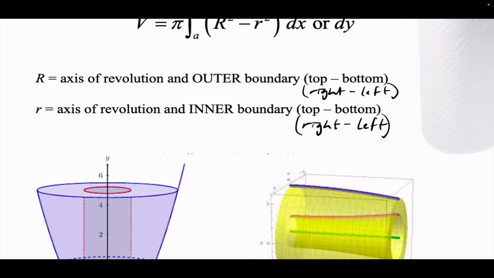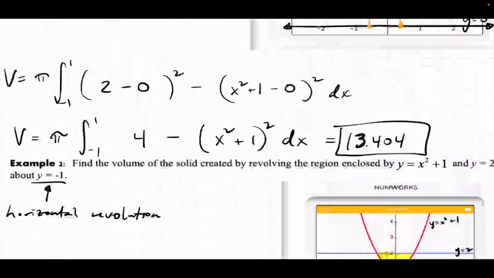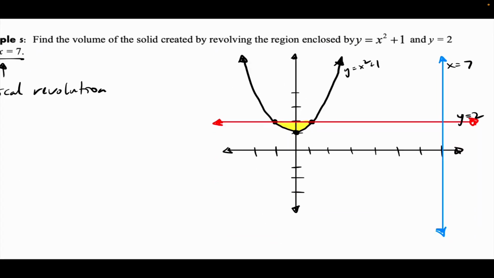Okay, so when we go to the right, the thing that's most right is the axis of revolution, right? So we're going to start there.